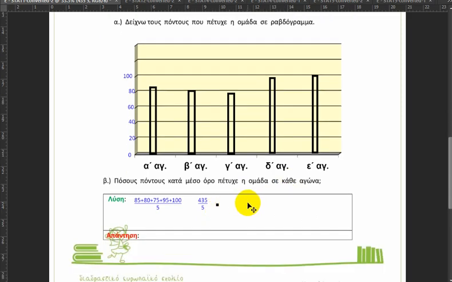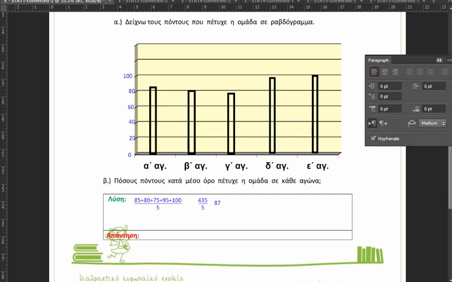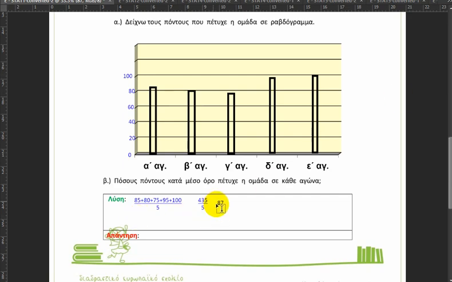You could do this as long division if you wanted to. It's going to give us 87. There you go. We start off with this, it's equal to this, it's equal to 87.